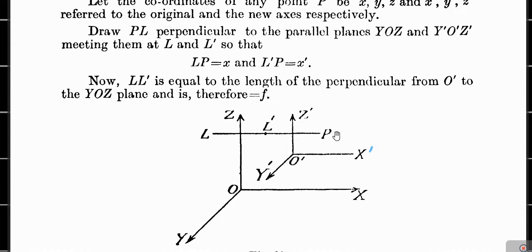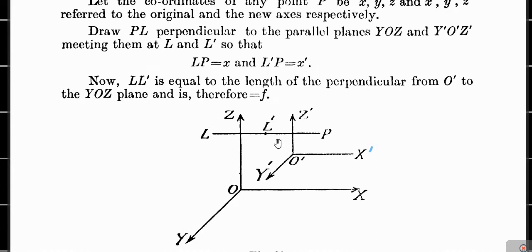As we have considered that the coordinates of point P with reference to the original axes are x, y, z, the distance PL is equal to x, and the coordinates of point P with reference to the new frame of reference are x', y', z', therefore PL' is equal to x'. So LP equals x and L'P equals x'.